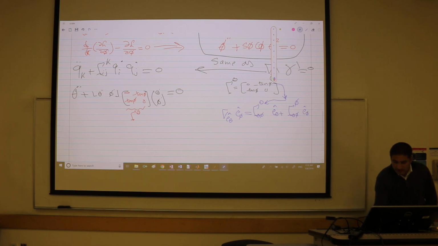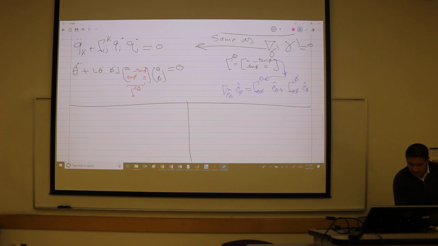And I'm going to talk about this equivalence right now. So I have here a covariant derivative. If you want to look better educated, you can say covariant derivative. It's just a directional derivative.